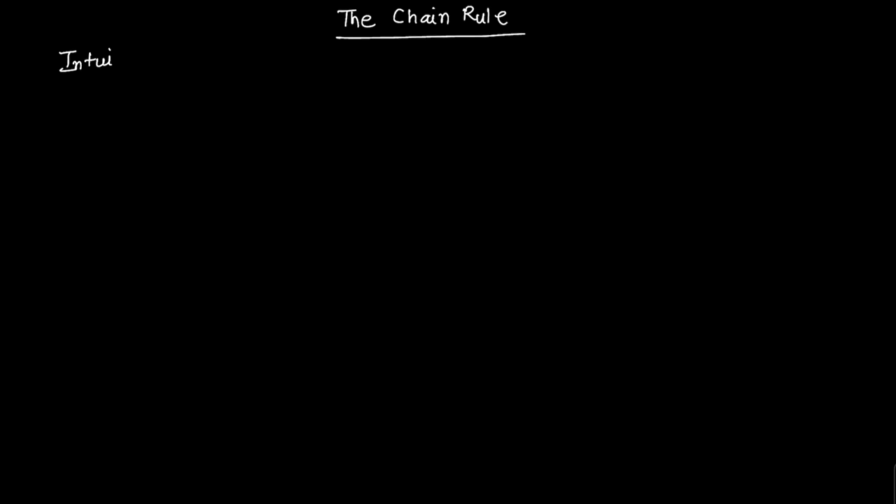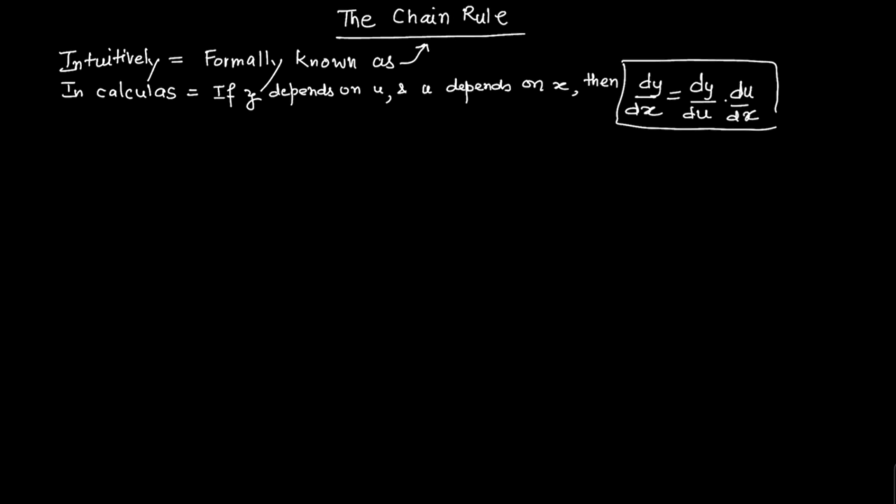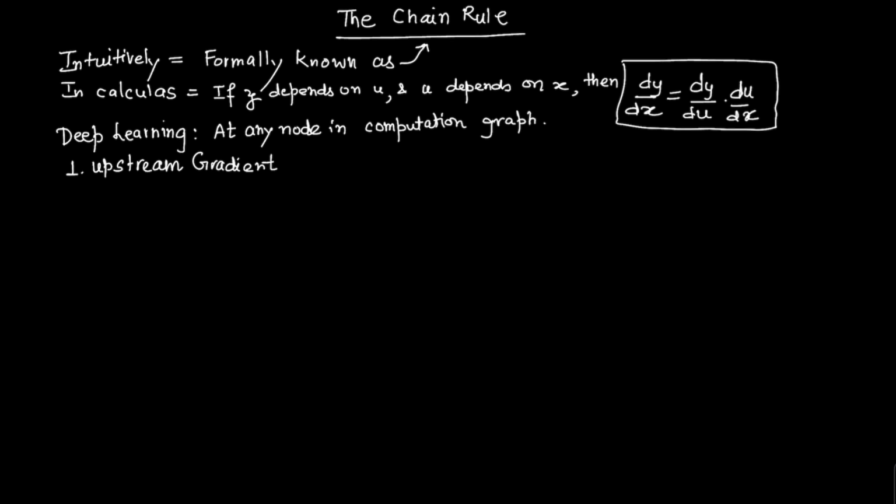What we just did intuitively is formally known as the chain rule. In calculus, if variable y depends on variable u and variable u depends on variable x, then dy by dx is equal to dy by du multiplied by du by dx. Let's translate this into deep learning speak. At any node in our computational graph, we always have two things. First, the upstream gradient, which is dL by dy, the blame coming from the layer ahead of us.